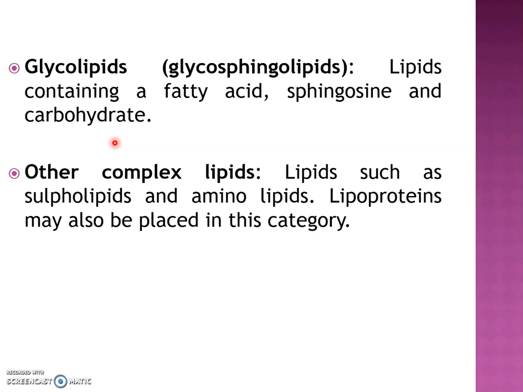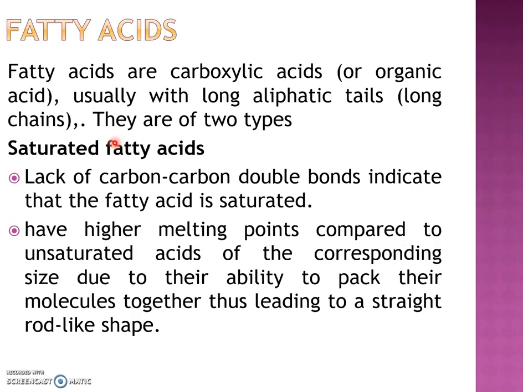So this is categorized into a third category called derived lipid. These lipids do not contain an ester linkage. We can say these are derived from naturally occurring esterified materials. Example, cholesterol.